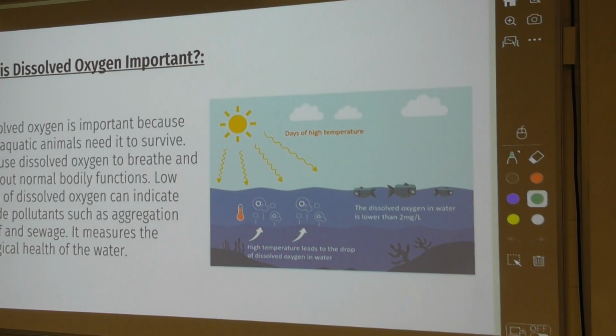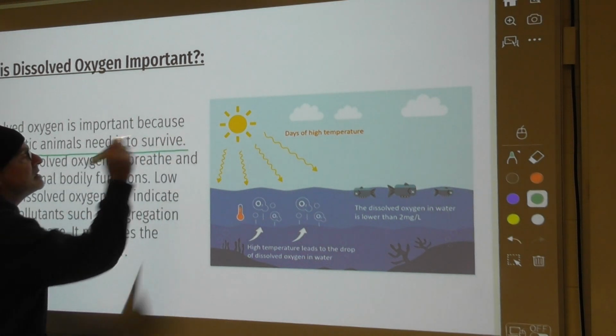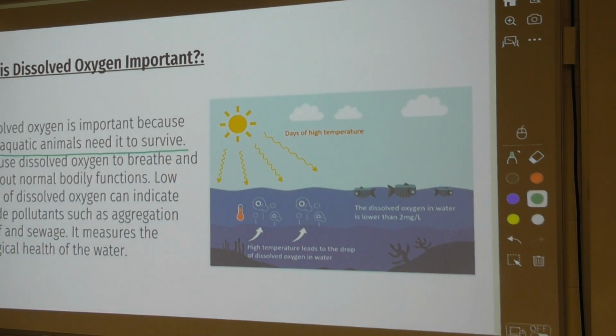And the reason for that is because anything that lives in the water still needs oxygen. So if you think about fish, or the little bugs that are living in and under the water, they need oxygen in order to survive. They're not coming up to the surface and breathing the air. They get their oxygen from the oxygen that's dissolved in water.